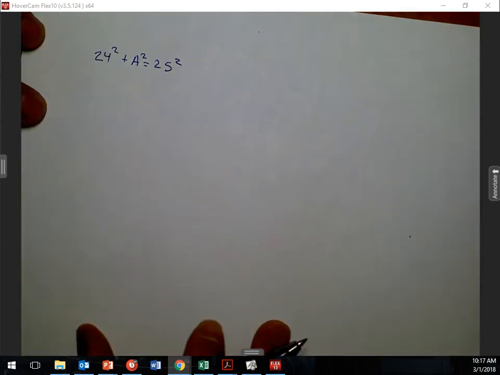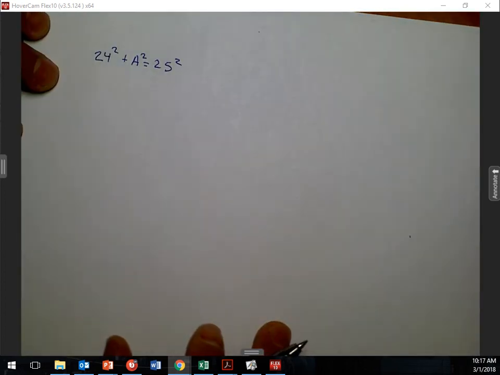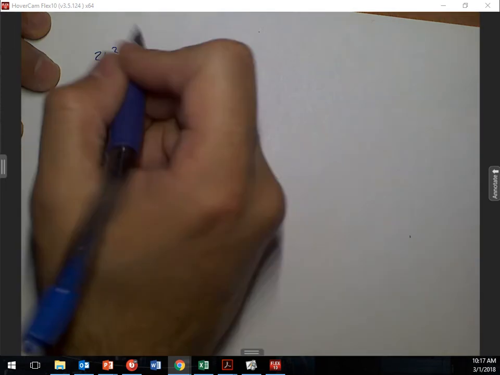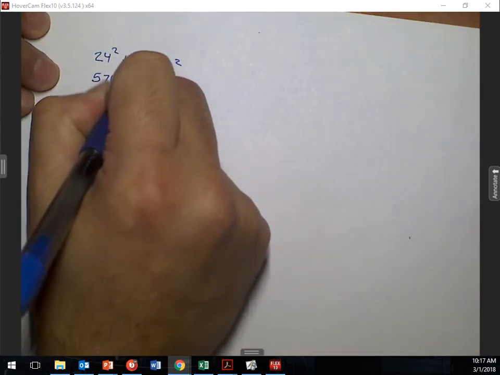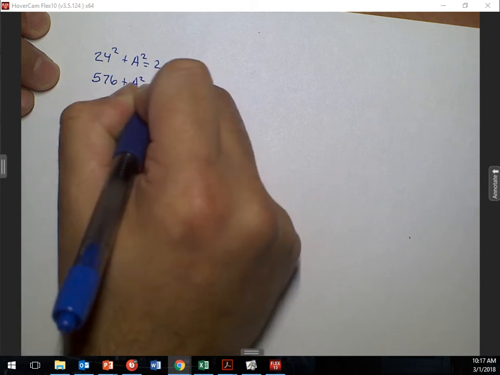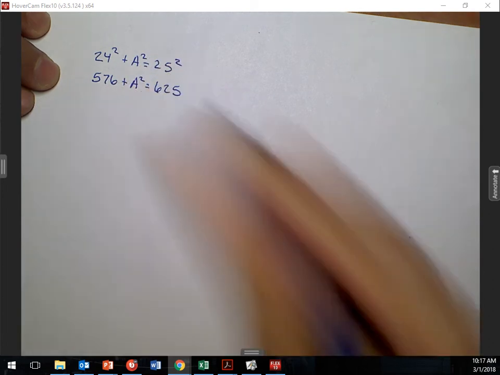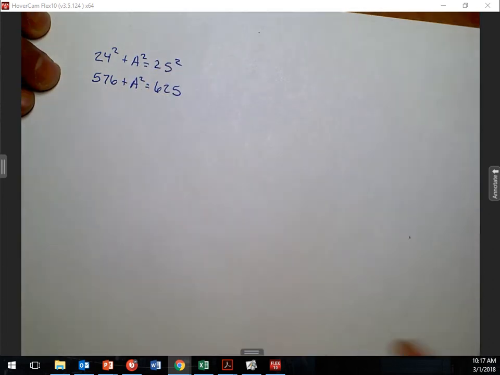Okay, let's do our math. 24 squared is 576. So 576 plus A squared is equal to 625. What am I going to do to both sides now?